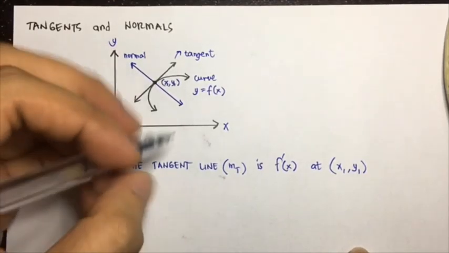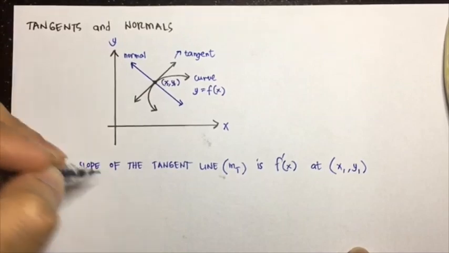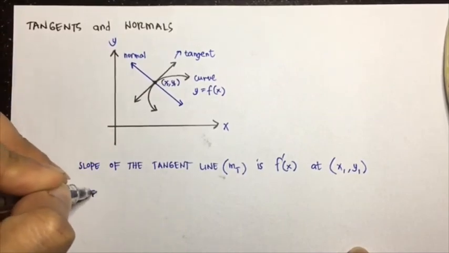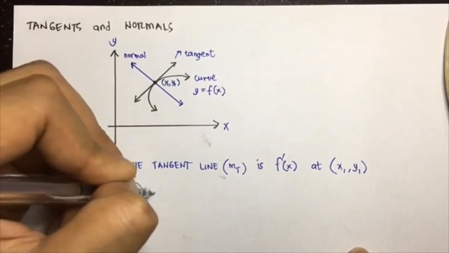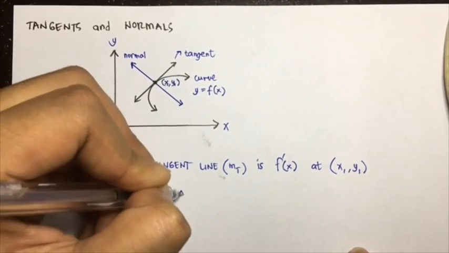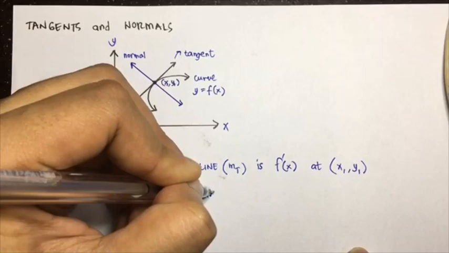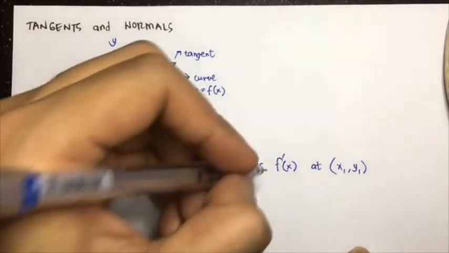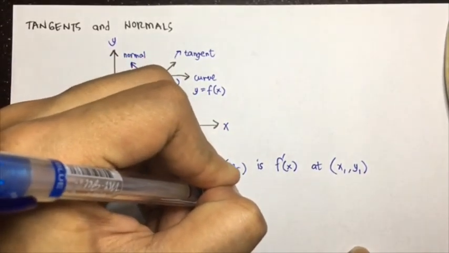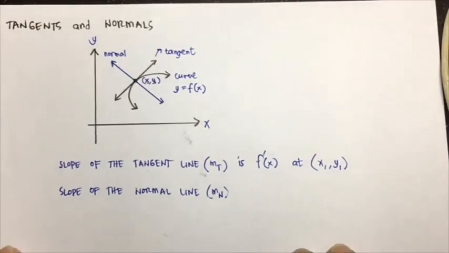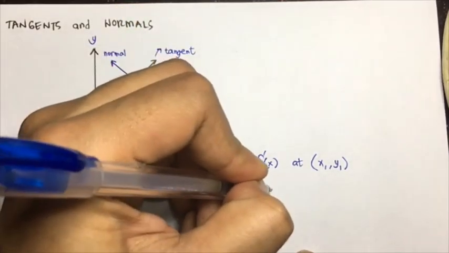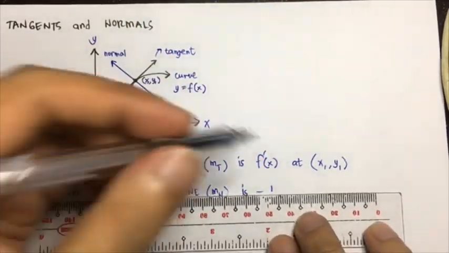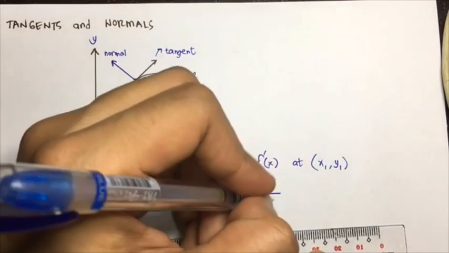Therefore, for the slope of the normal line, let's call that m sub n, the slope of the normal line is the negative reciprocal of the slope of the tangent.